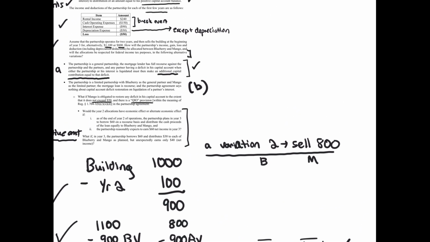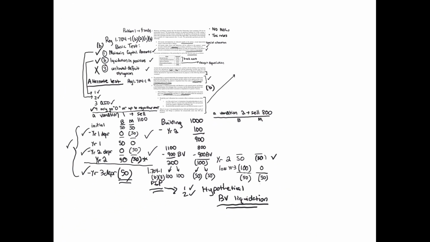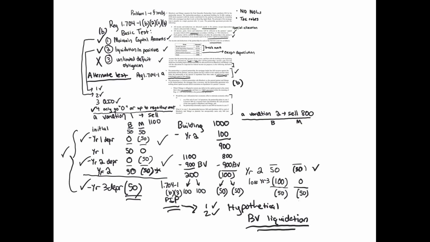So basically what this does with respect to our issues of selling, if you're looking at these years, right, and we get to the end of year 2, we've got 50 and negative 50.